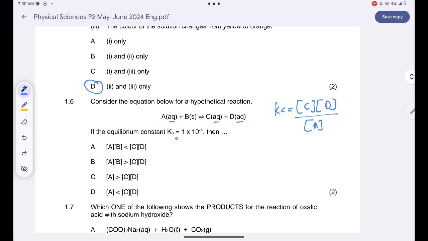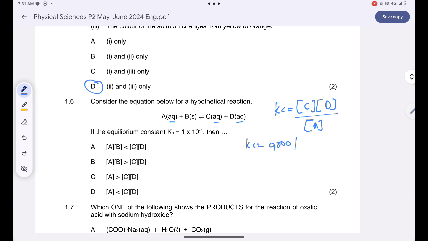So if ever, guys, our Kc is a number between 0 and 1, it is just a proper fraction. Kc is equal to 0.0001. There are just 4 zeros before 1. That's why there's 10 to the power negative 4. So if you're dividing two numbers, guys, and we get a proper fraction, any number between 0 and 1 is a proper fraction.